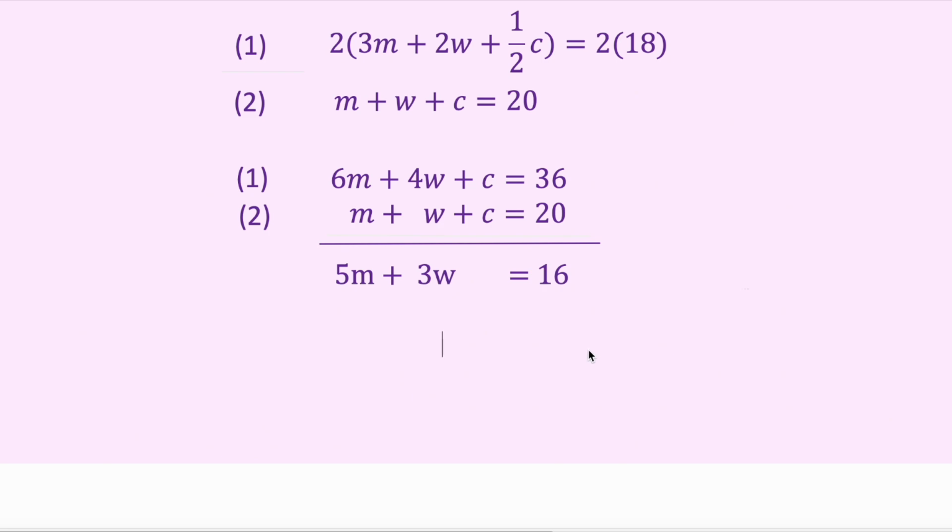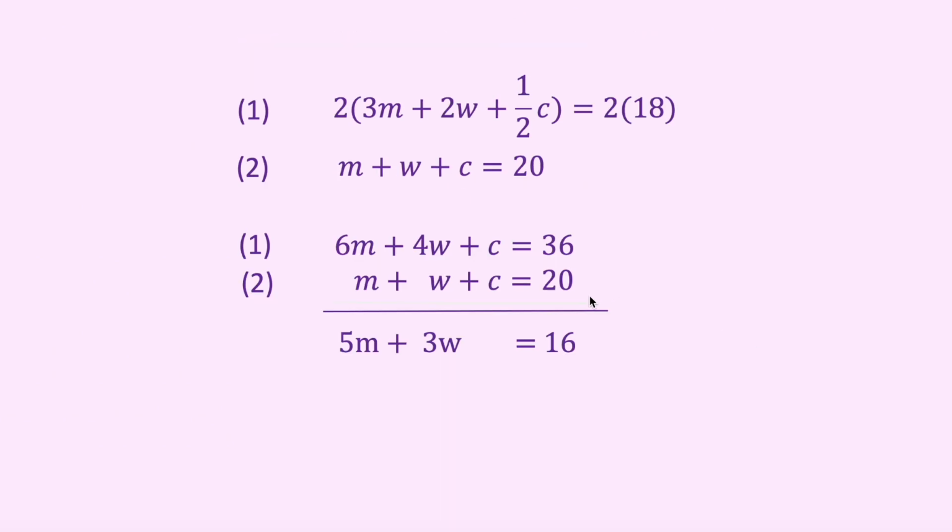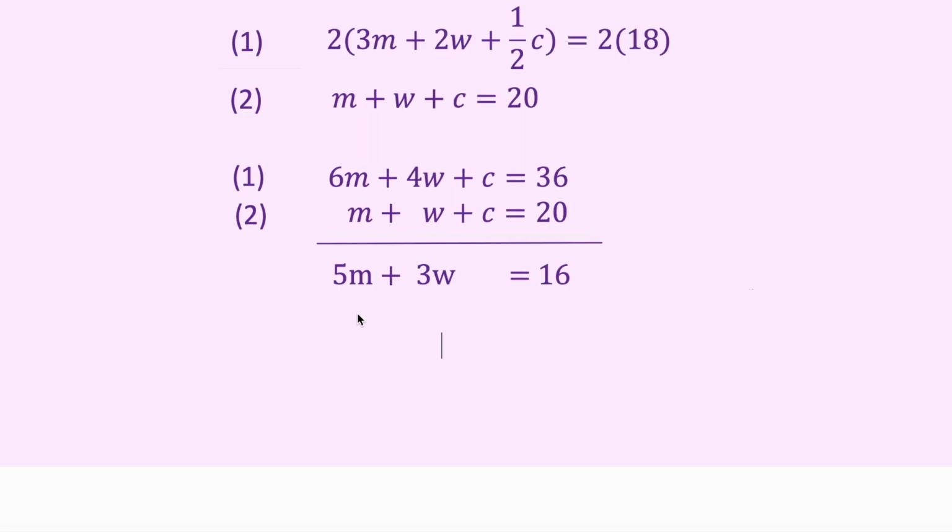Now subtracting equation 2 from equation 1 gives us 6m minus m is 5m, and 4w minus w is 3w. Then c minus c is equal to 0, so the c's cancel out. And 36 minus 20 is equal to 16 on the right. So the equation we have to work with is 5m plus 3w is equal to 16.